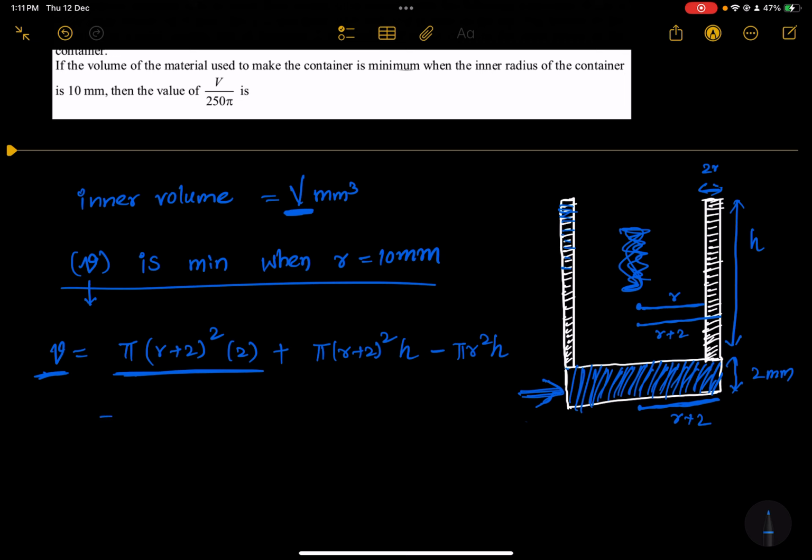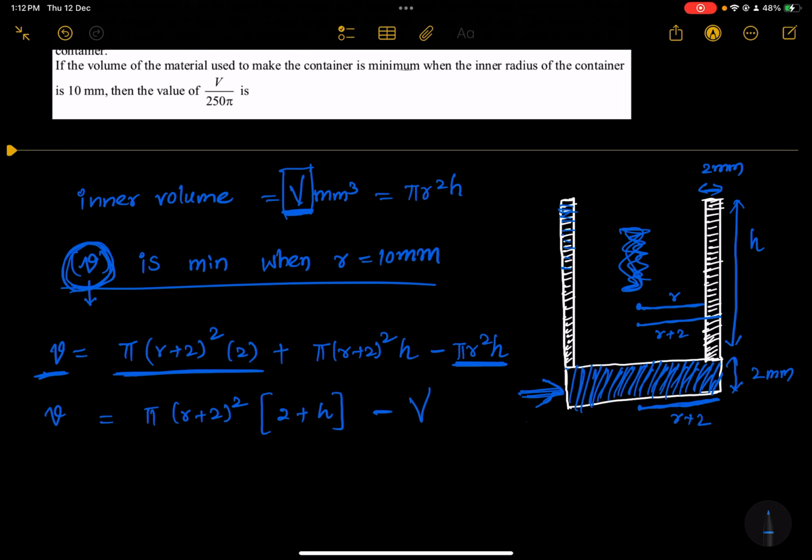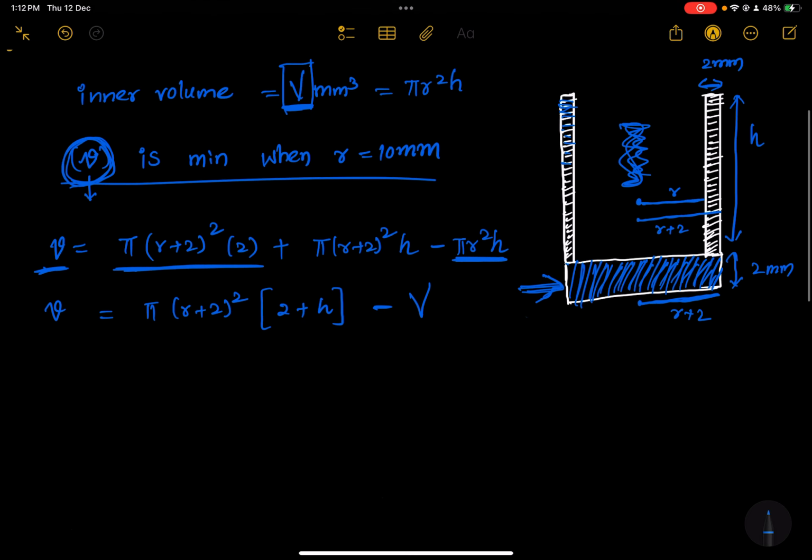Now this is pi into r plus 2 whole square times 2 plus h, minus the volume of inner cylinder, which is pi r square h, and it is given in the question as V. So let us replace this with V, and it is given that this V is minimum when r is 10 mm.